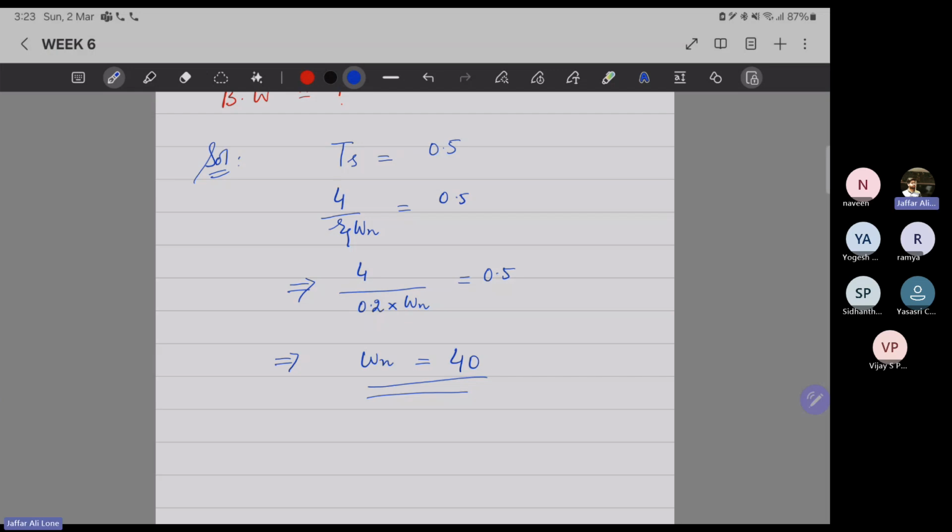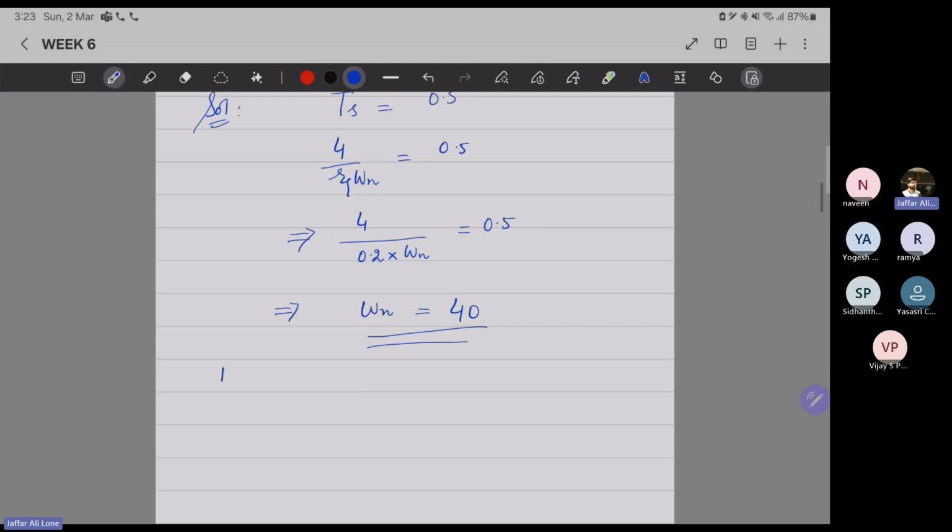Has anybody calculated omega r? You should have calculators around. Otherwise, it will be a bit difficult. 2.55, sir. Peak. 2.55 Mp. So, okay, Mp is 2.55. And then what is omega r and bandwidth?